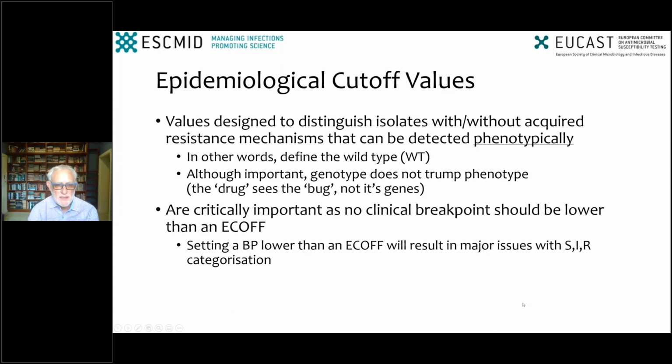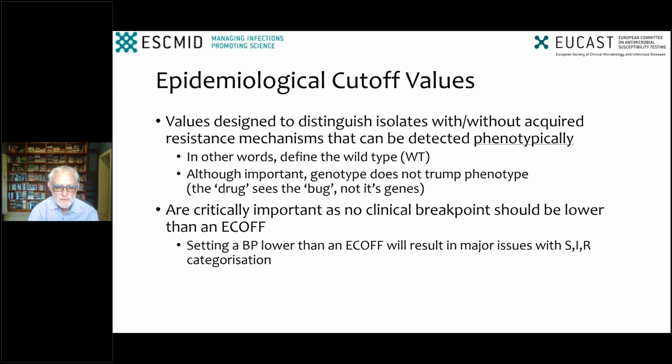So let me talk about epidemiological cutoff values. These are values that describe the wild type, in the sense that wild type strains are those without any phenotypically detectable resistance mechanisms, and all those words are important. Finding a gene doesn't fit in here.